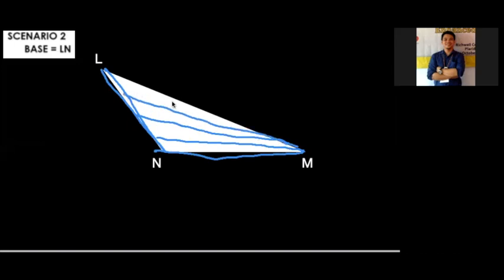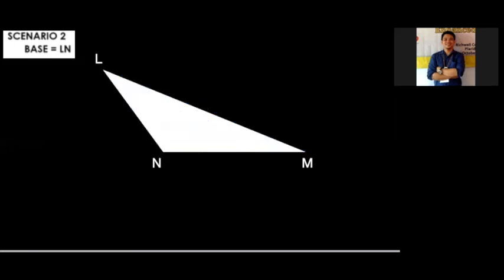All of these lines are not perpendicular to the base LN. Which means we cannot draw the height inside the triangle.